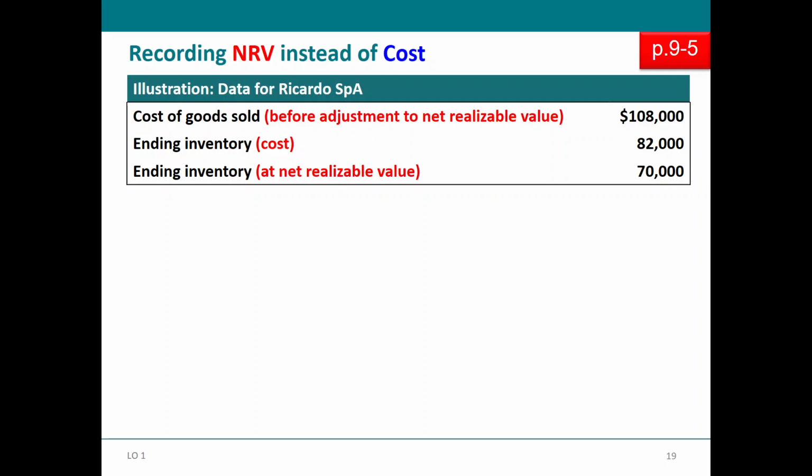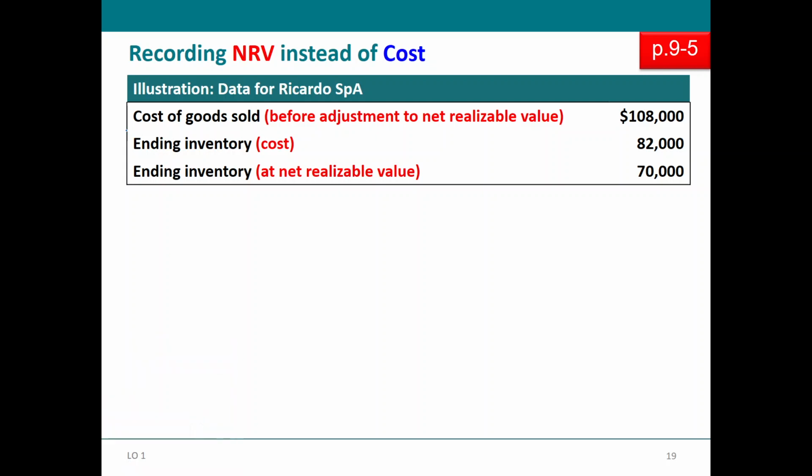If you understand the concept, let's see how to get the numbers. So here it told you your cost of goods sold is how much? $108,000. And you have an ending inventory cost. So be careful. You got ending inventory. You should find out whether the ending inventory is your cost or your NRV. So here it told you your first number, second number, they are your cost.